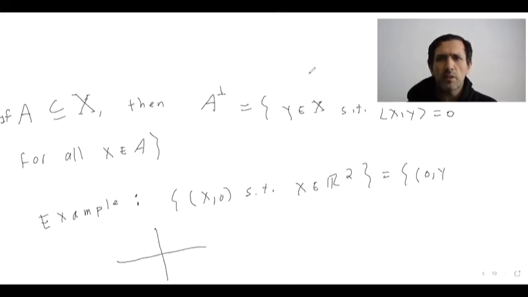So yeah, let me do this here. Now let me do this in red to emphasize something. Yeah, so this is going to be the set of all (0, y). Sorry, this should be x's in the real numbers.